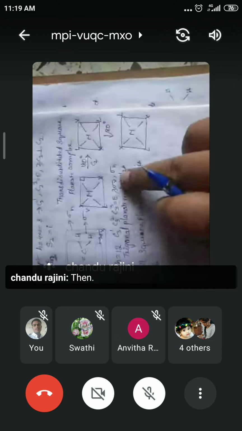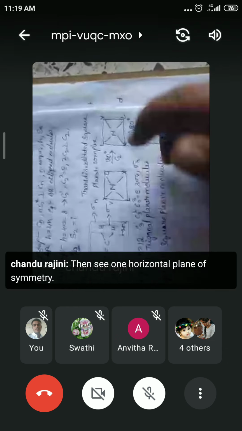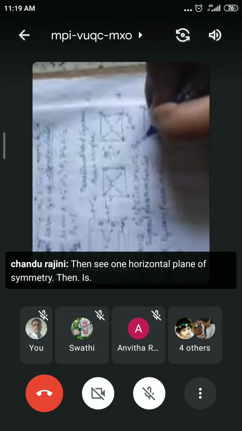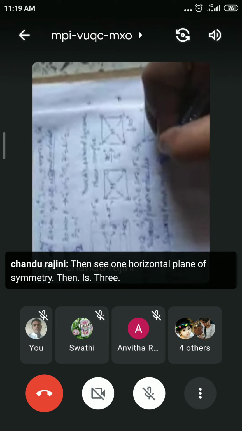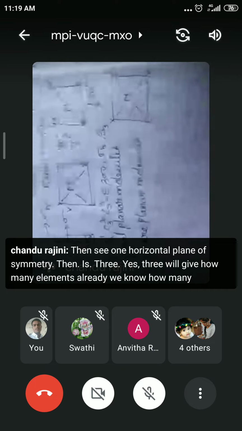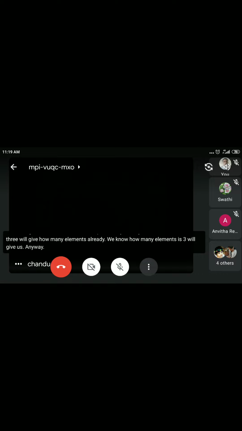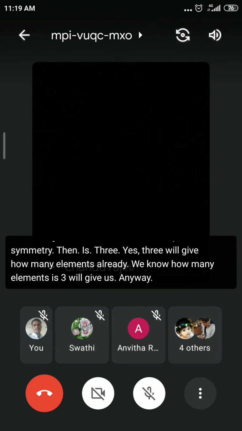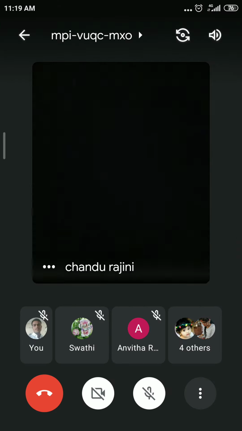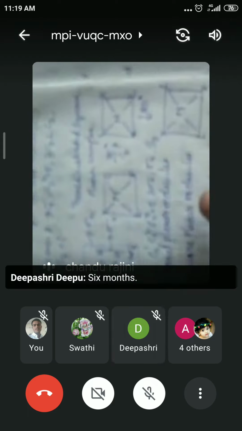Then one horizontal plane of symmetry. Then S3. S3 will give how many elements? Already we know. How many elements will S3 give, ma'am? 6, ma'am. Very good.